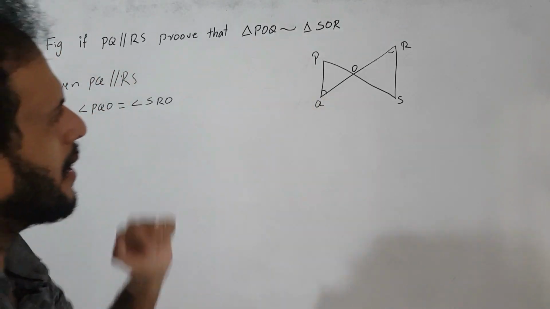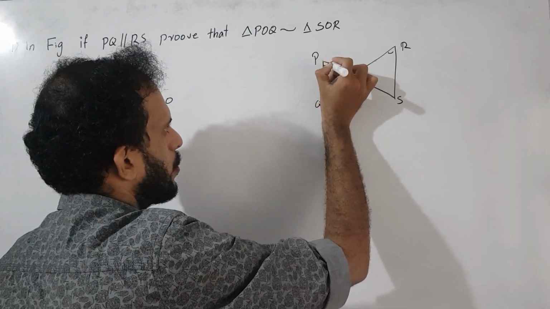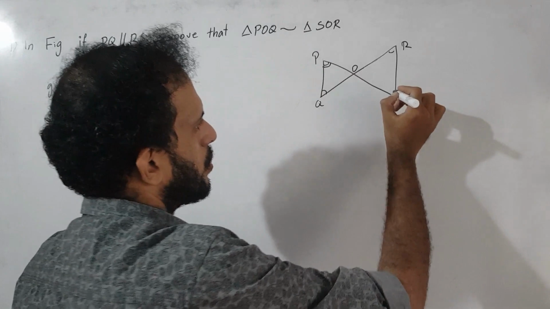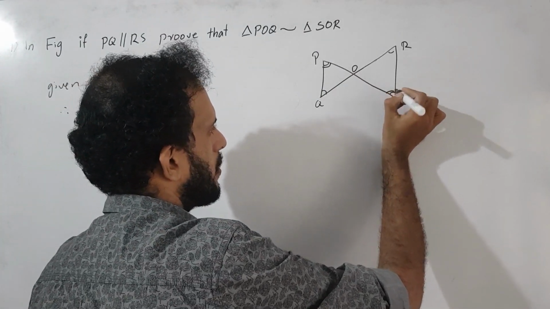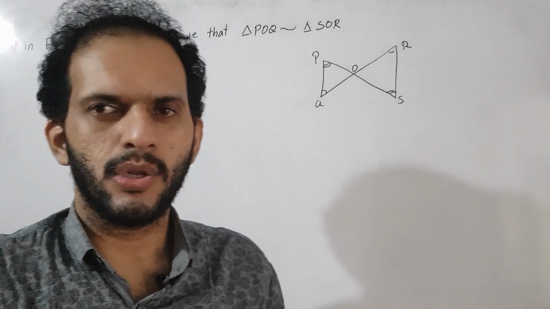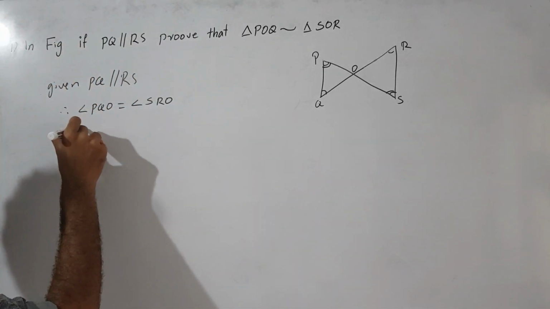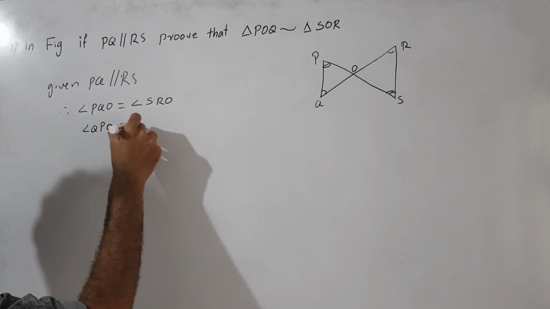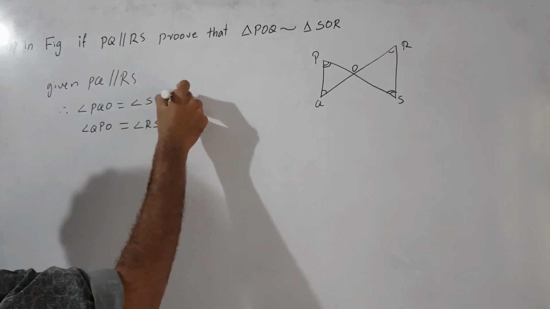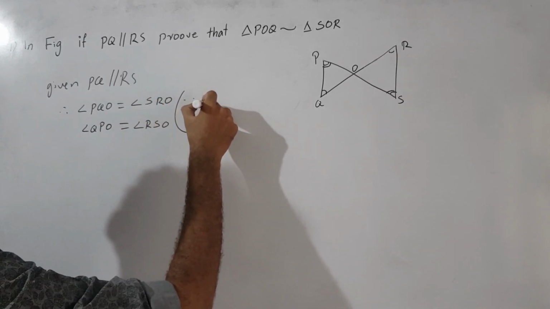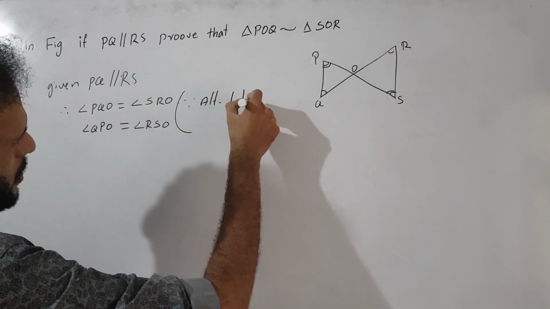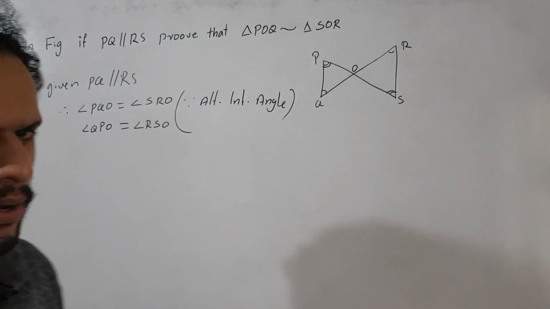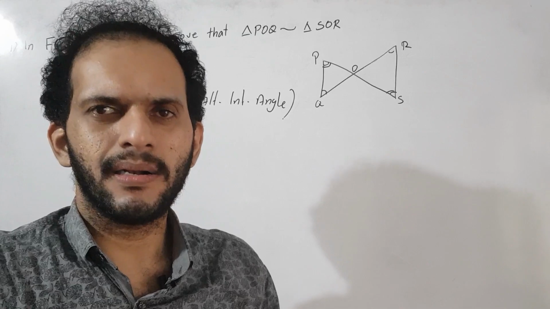So we get angle QPO and angle RSO, and these two angles are also equal, for the same reason: they are alternate interior angles. Therefore, angle QPO is equal to angle RSO, since they are alternate interior angles. Now it is possible to say that the triangles are similar.